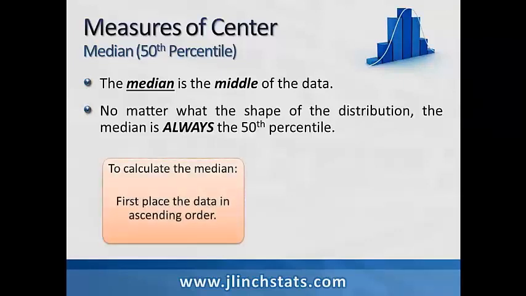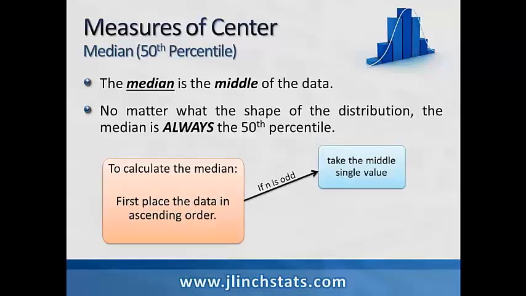Now, to calculate the median, the first thing we always want to do is place our data in ascending order. Once the data has been placed in ascending order, we're going to take a look at the number of observations that we have, either from our sample data or if we're doing the median parameter value of a true population. We want to find out if the number of data points is odd or even. If the number of data points in our data set is odd, we simply take the middle single value to calculate the median.